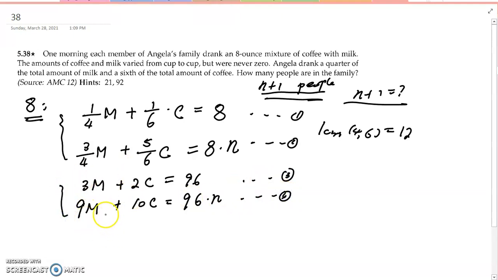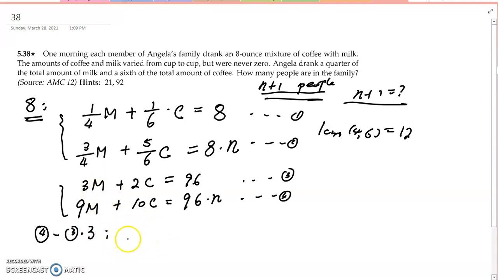Okay, now we can try to solve for m and c in terms of n, right? So let's do 4 minus 3 times 3. Then we cancel the m.